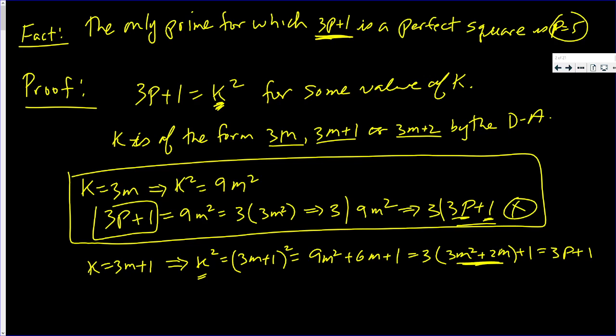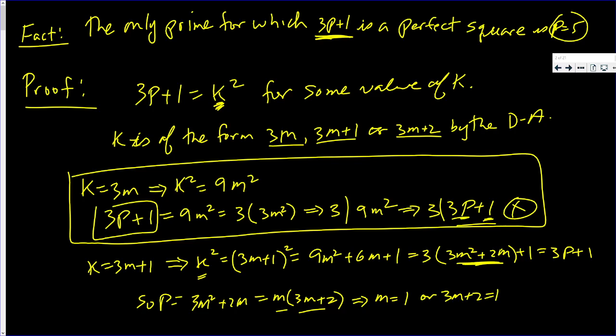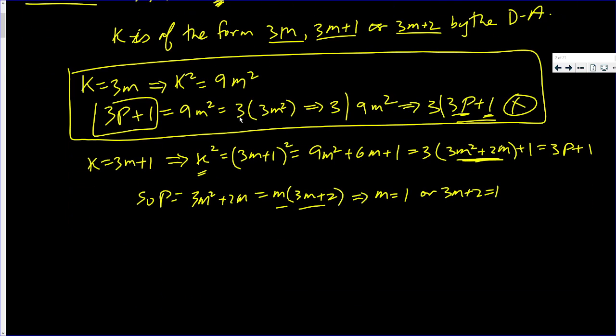So p is equal to that number, 3m squared plus 2m. But this is m times 3m plus 2. So p is a product of those two numbers, but p is prime. So that means m is 1 or 3m plus 2 is 1. Let's take both cases one by one.